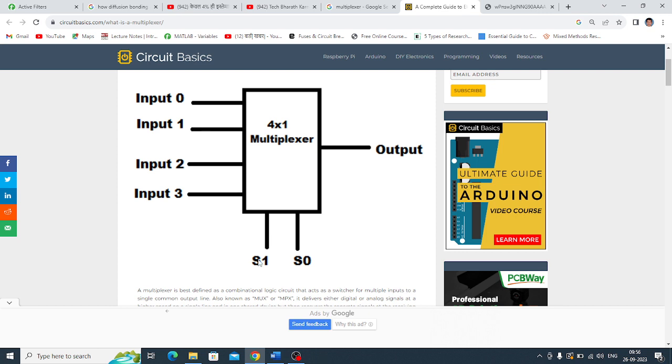For 0, 1, input 1 will be moved into the output. 1, 0, input 2 will be taken to the output. The word is usually called as steered. For the selected address, the relevant respective input is steered into the output line. That is the usual sentence.